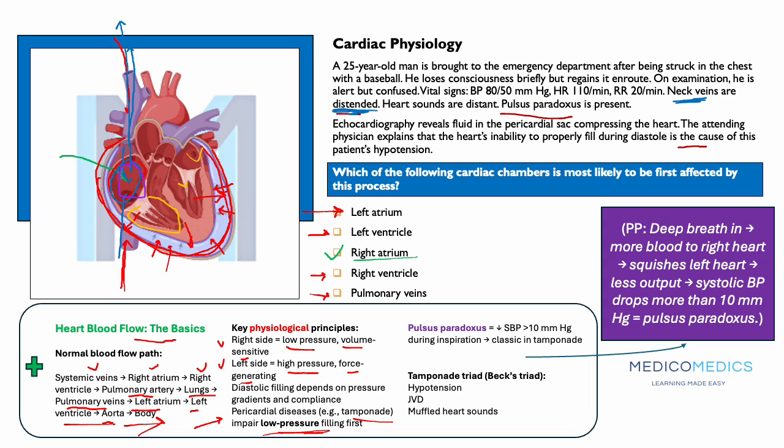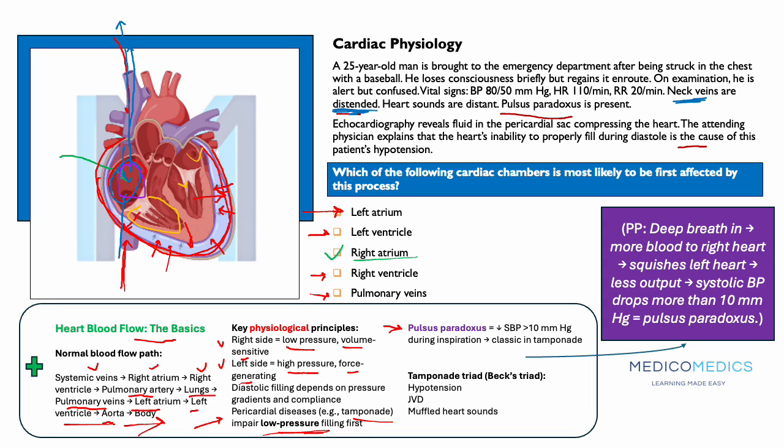Now we mentioned a phenomenon known as Pulsus paradoxus, and it was present here in this patient. Now, Pulsus paradoxus means the systolic blood pressure drops more than 10 millimeter mercury when the patient is inhaling.